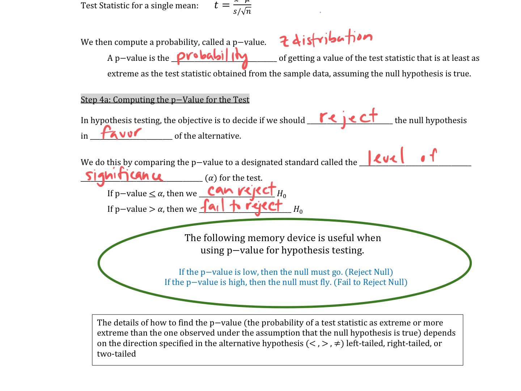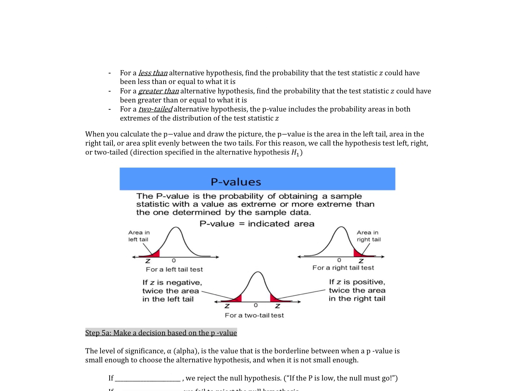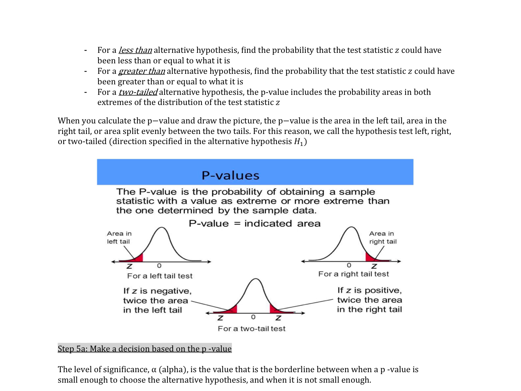The details of how to find the p-value depend on the direction specified in the alternative hypothesis, if it's right tail, left tail, or two-tailed. So we'll have to go through each of those when we start working on examples. For a less than alternative hypothesis, find the probability the test statistic could have been less than or equal to what it is.